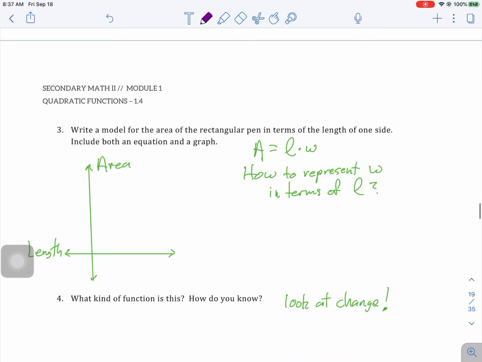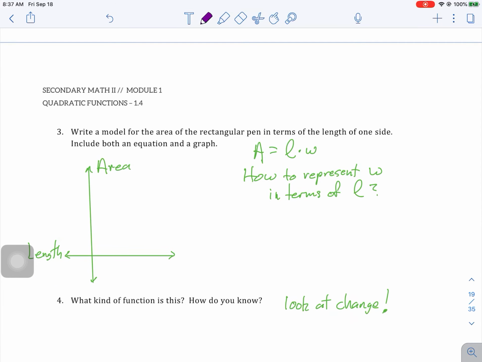Write a model. Now, when you're doing a model, you want only 2 variables, and the variables that I'm going to use are area and length. I don't want width.